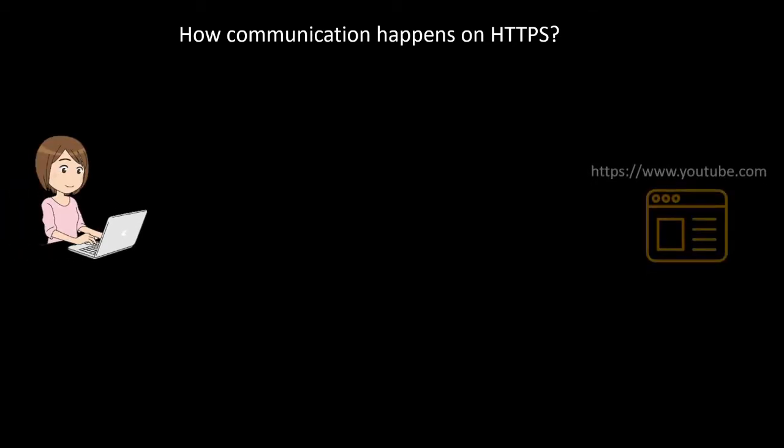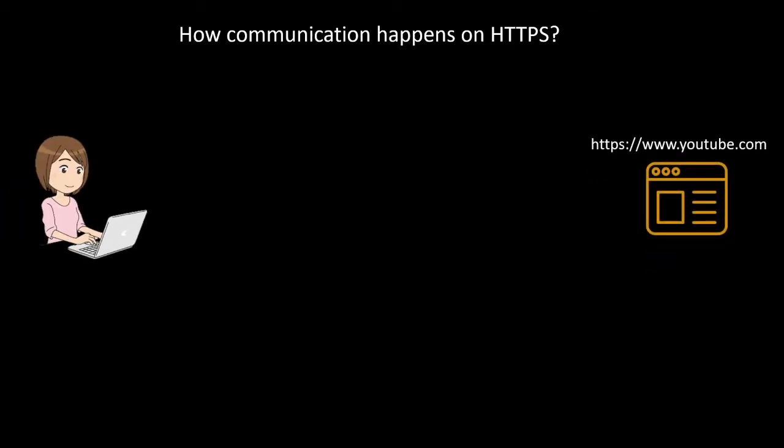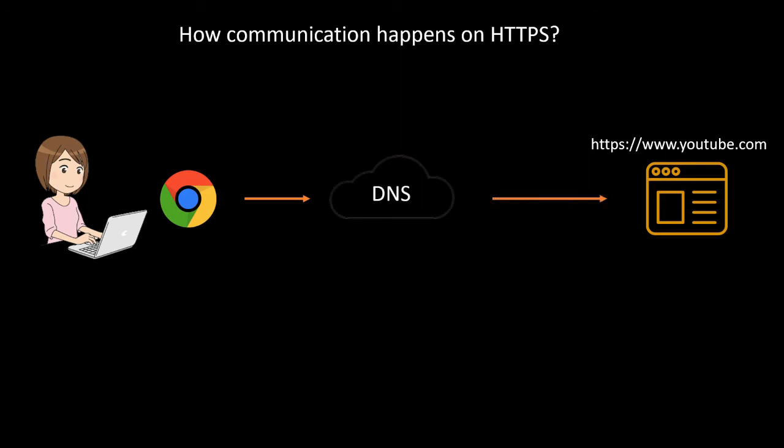Now let's understand how communication happens on HTTPS. Assume Alice wants to access youtube.com. She launches a browser and sends a request. The request then travels through DNS and reaches youtube.com.